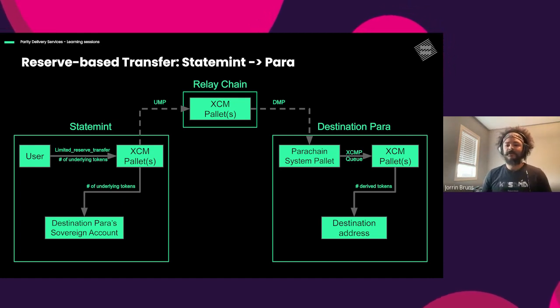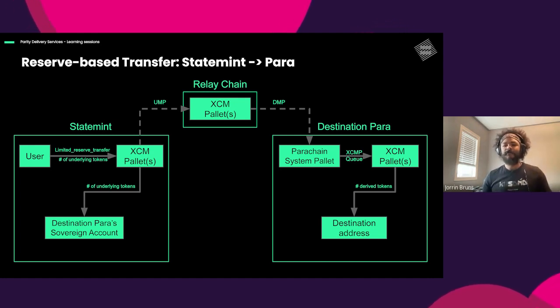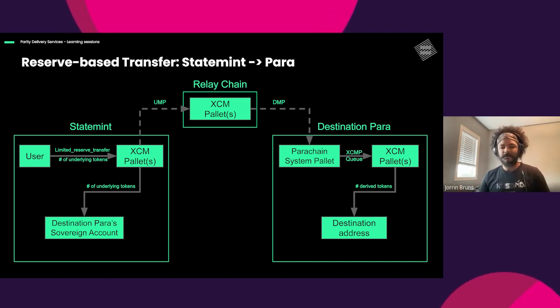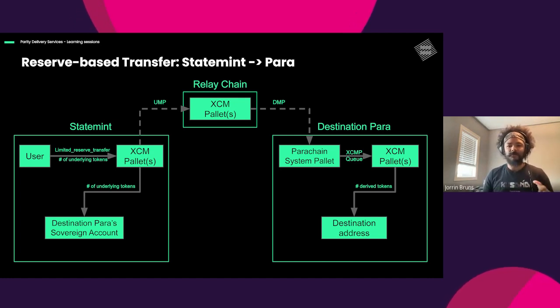So now these are similar to wrapped tokens, but more concretely, they are derived from the reserve currency that exists here. And those derived tokens are going to be deposited into the destination address. And just like before, you can imagine this going in reverse. These names would be reversed: instead of upwards, downwards, and the reverse would happen.